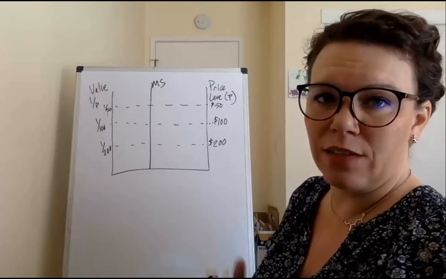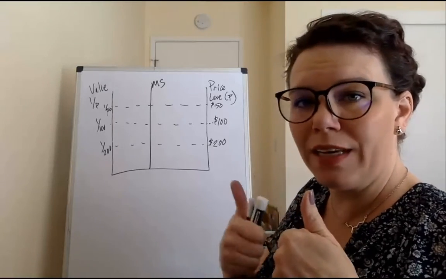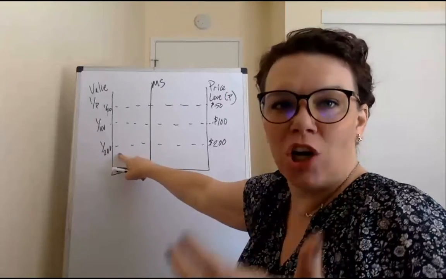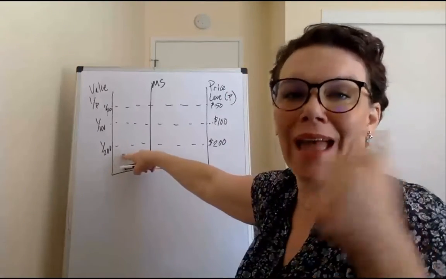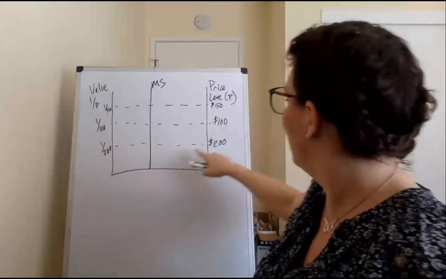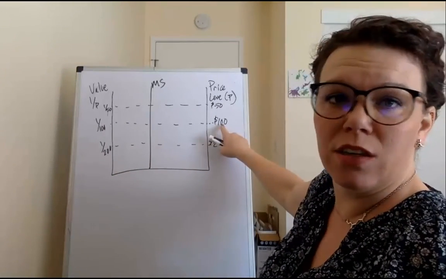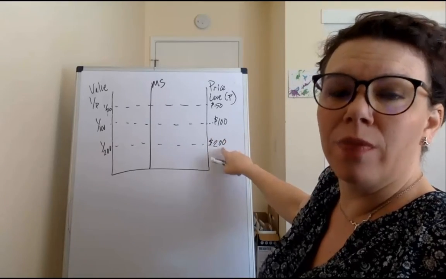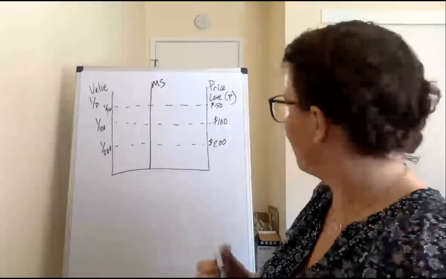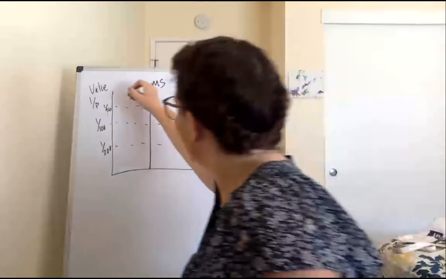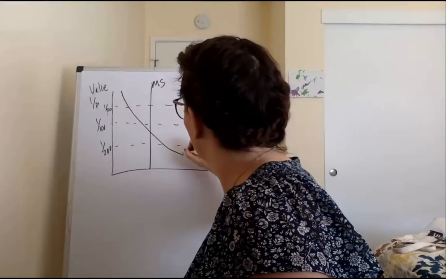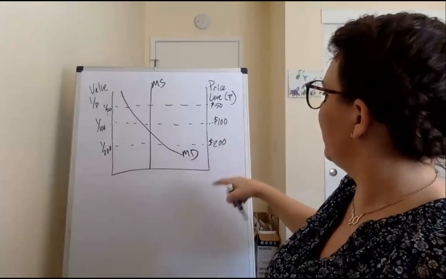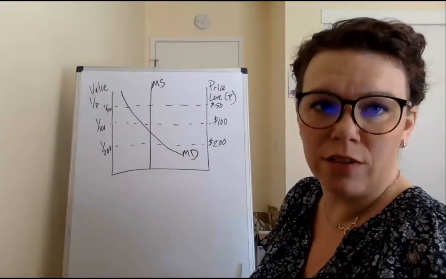So as the price level goes up, we're going to demand more money because it's going to take more money to buy stuff. As the value of money goes down, each dollar buys less and we have to demand more money, right? So if $100 buys my basket of goods, then all I need is $100 to do that shopping trip. But if the price level keeps going up, then I'm going to need to demand more money. So our money demand curve is going to be inverse to the value of money and positively related to the price level.